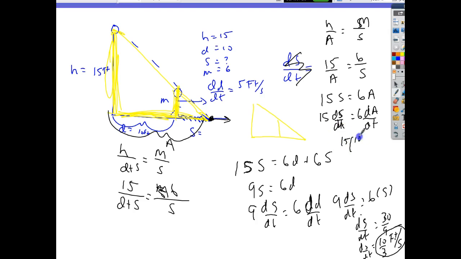I get 15 times 10/3 equals 6 dA dt. And that becomes 50 over 6 dA dt, which is 25/3 is dA dt. Now, I'm going to close this door because we need to finish one more sentence.